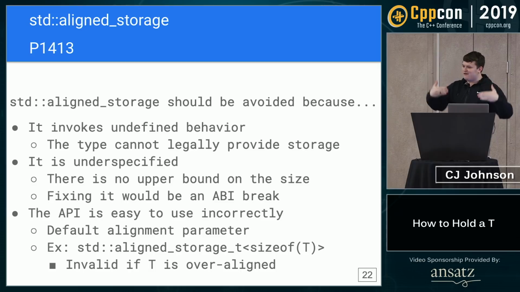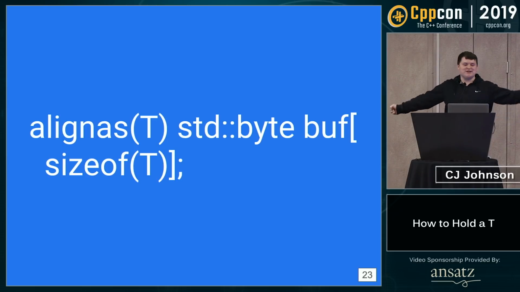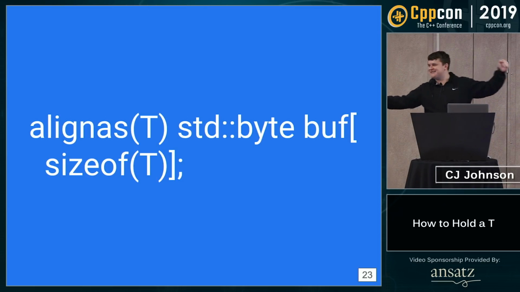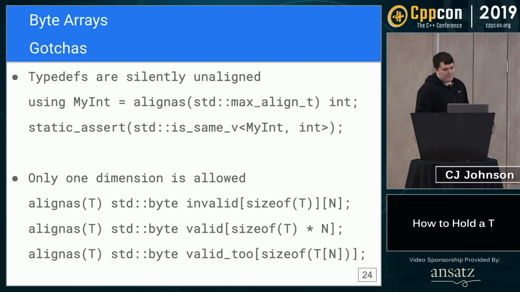Let's move back out of opinion mode and back into information delivery mode to talk about character buffers. What's old is new again. Yay, C is still a thing. Okay, cool. So for the most part, these will do what you expect them to. There's just a couple gotchas that I think are worth mentioning.